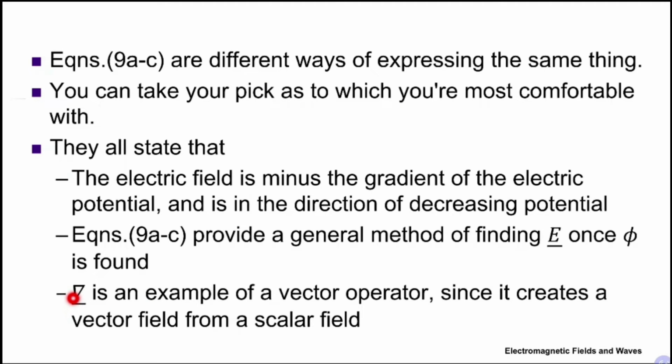The potential is a scalar field, and taking the gradient gives a vector, the electric field, which is a vector field. We looked earlier at converting a scalar field into a vector field by doing a gradient function. This is an example of that.